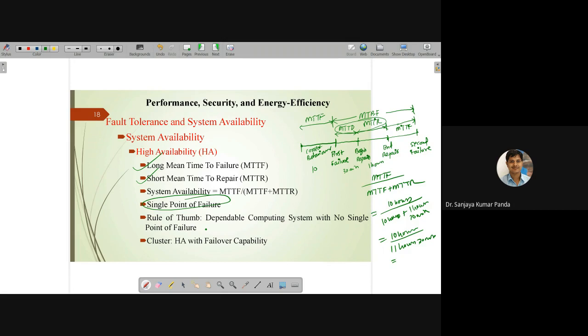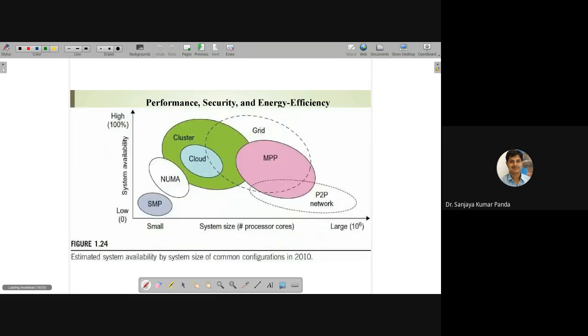And with respect to the different kinds of systems, if you compare the performance of the different types of systems like cluster, grid, symmetric multiprocessor, non-uniform memory access, the different architectures, you can see their comparison with respect to the number of cores and system availability. In the cluster and grid case, if you increase the number of processor cores to a larger number, the system availability increases, right?